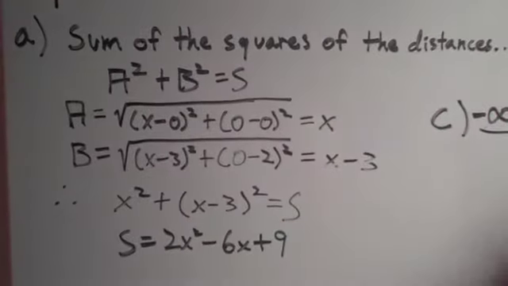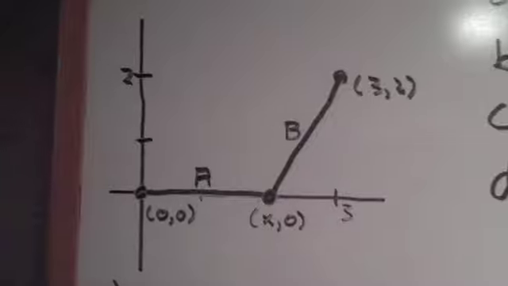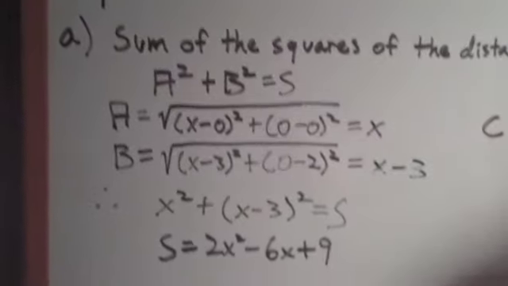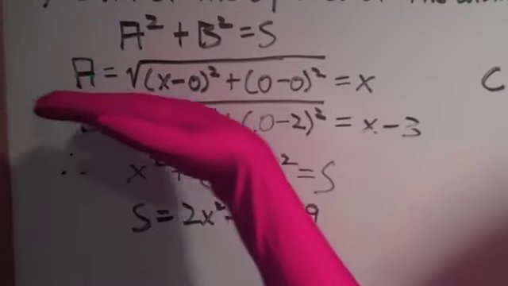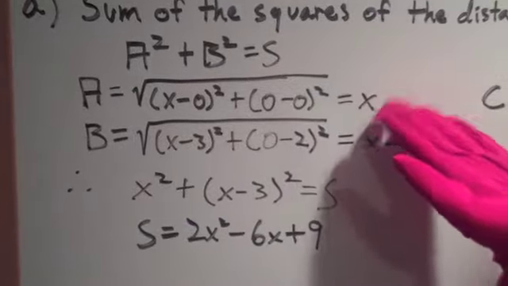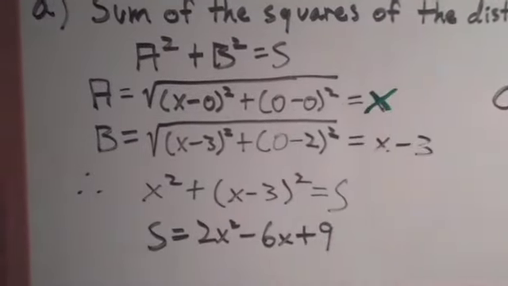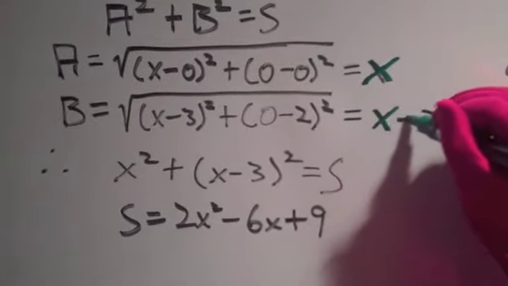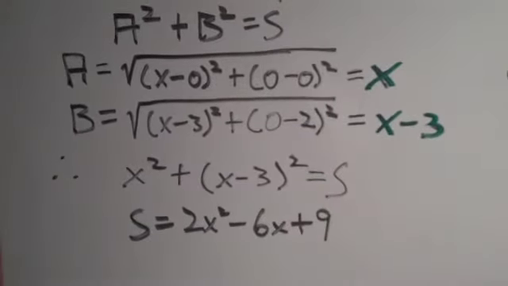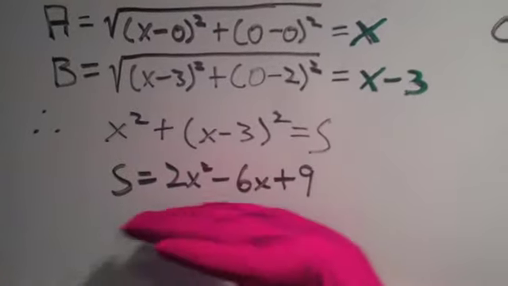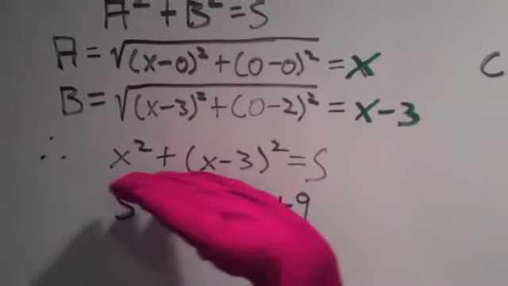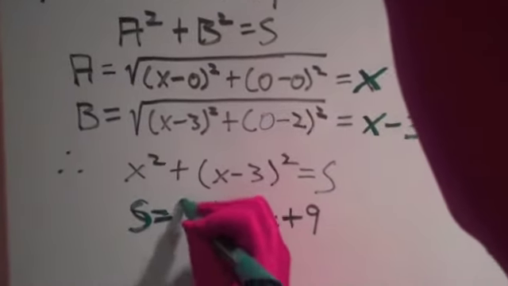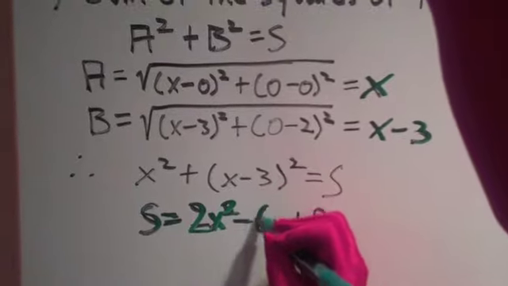The distances are represented by A and B. The corresponding equations would be the distance formula of A, which solves out to x, and B, which solves out to equal x minus 3. The sum of these two squared terms would equal x squared plus the quantity of x minus 3 squared, which would solve out to s equaling 2x squared minus 6x plus 9.